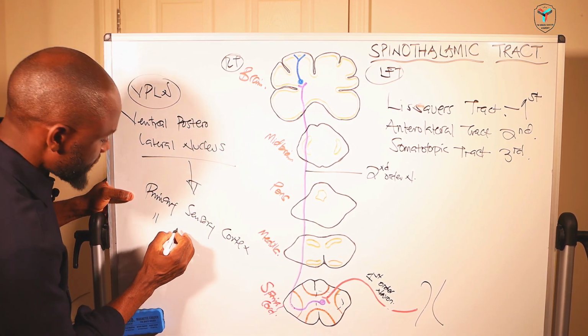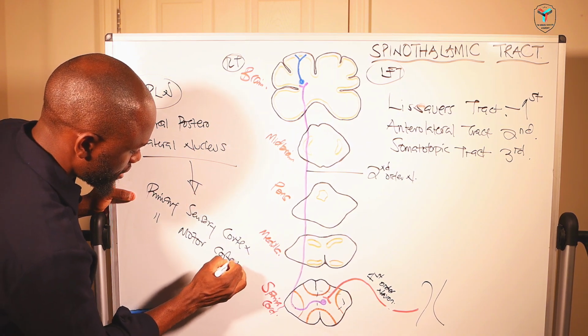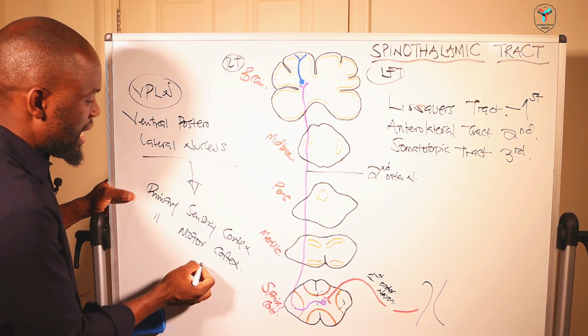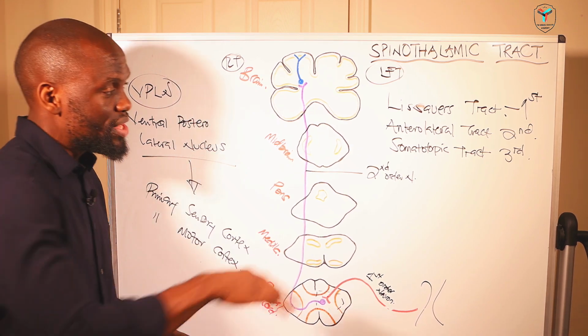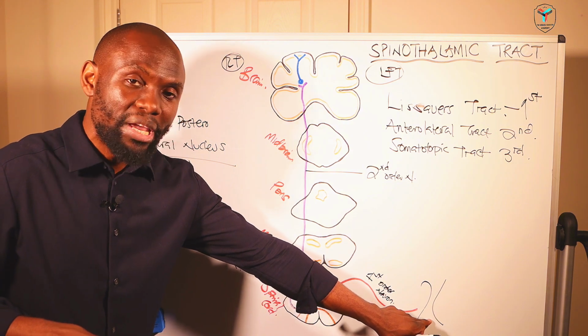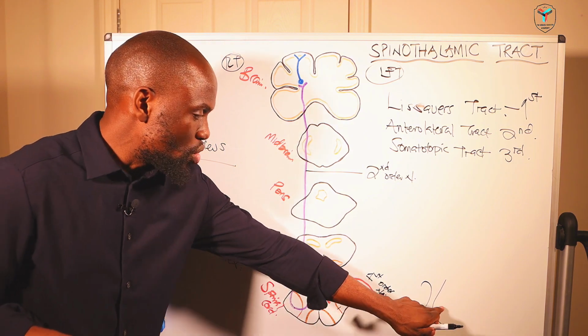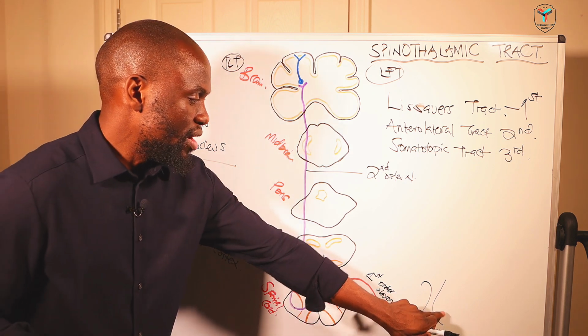and from the primary sensory cortex, that message will be passed to the primary motor cortex. These are very close to each other because the motor cortex is what is going to make you move your hand from that painful or burning stimulus, or from that hot surface, or from an area of touch.